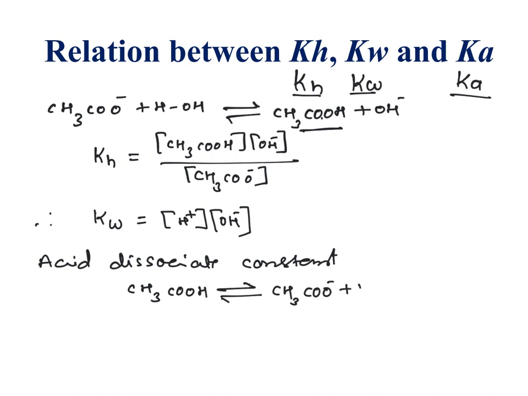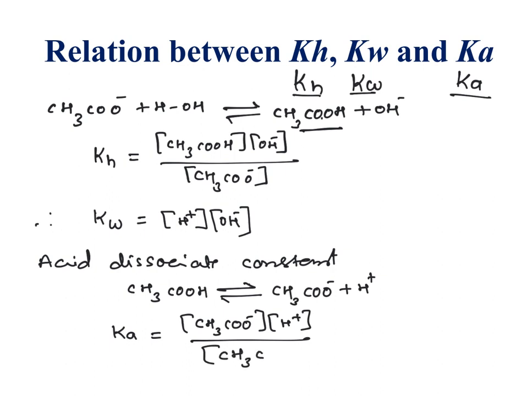How can I write the acid dissociation constant? By applying the law of mass action to the above equation, that is, product concentration over reactant concentration.